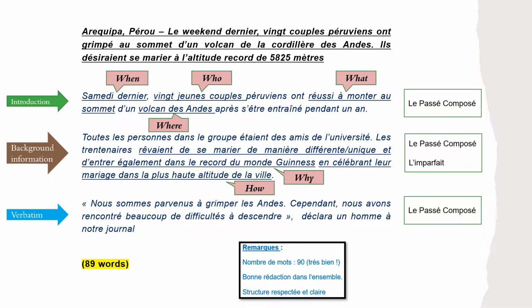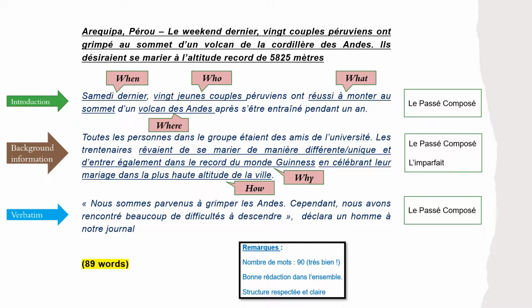This is basically where, and after training themselves during 1 year. So I'm just saying that last Saturday, 20 couples managed to climb up to the highest altitude after training themselves during 1 year. This is just the basic overall introduction of the situation.